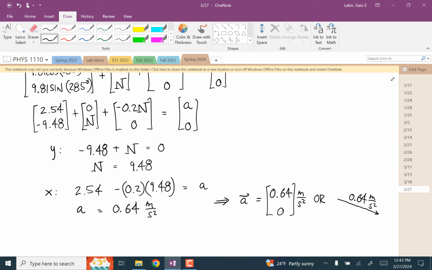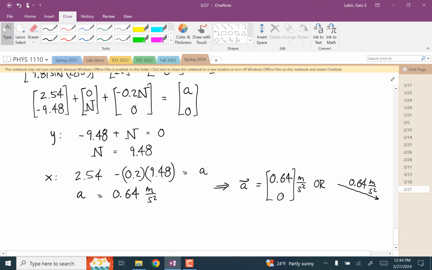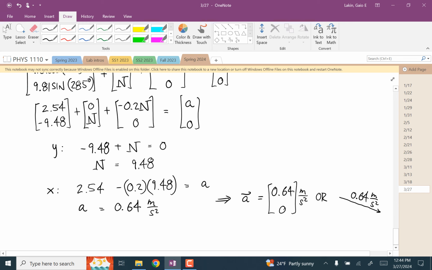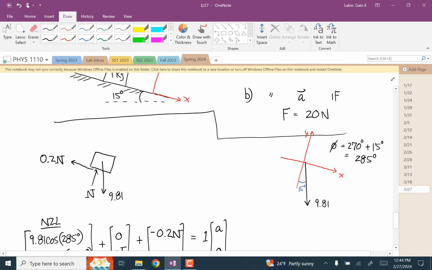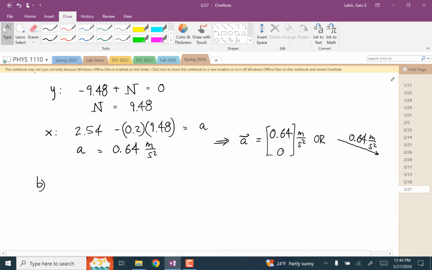Any questions on that? Okay, so that was part A. So now we're going to do part B, where we have this force applied. The free body diagram looks pretty similar.